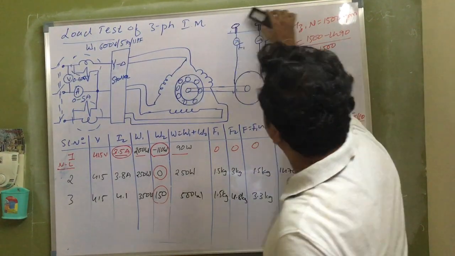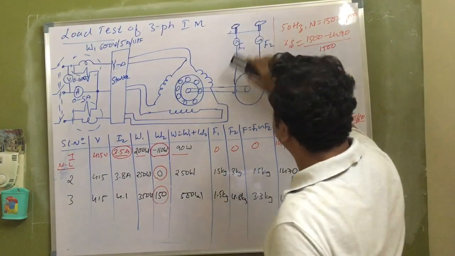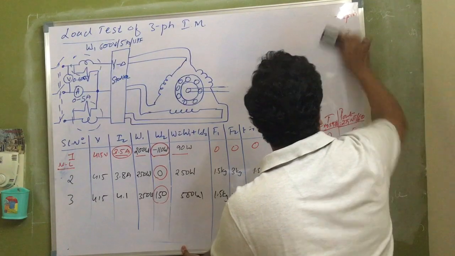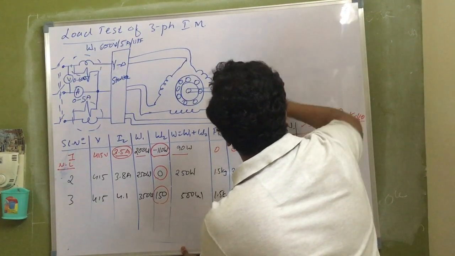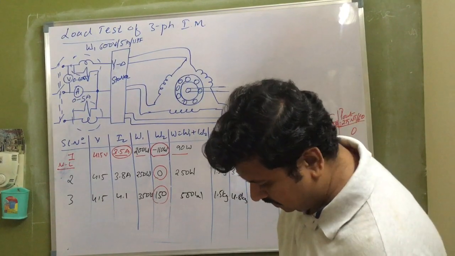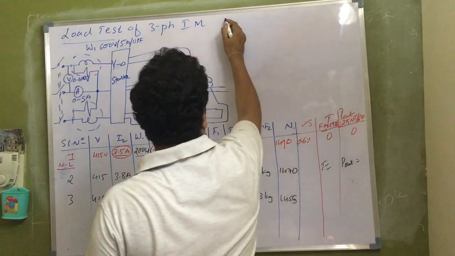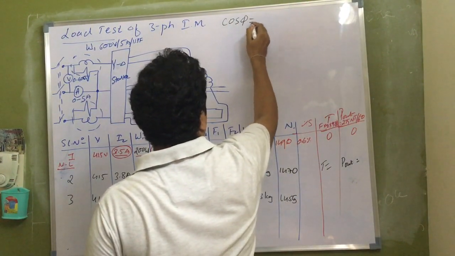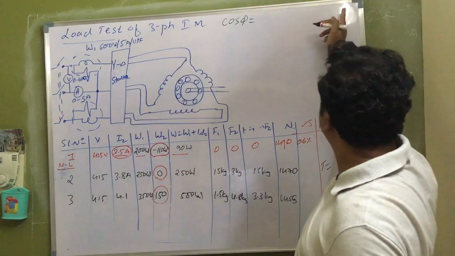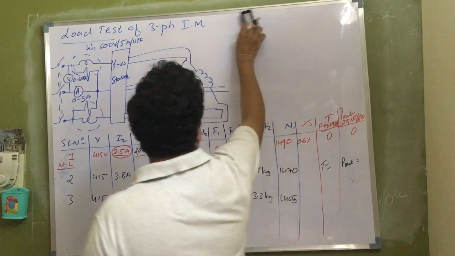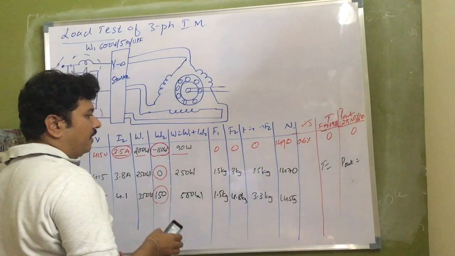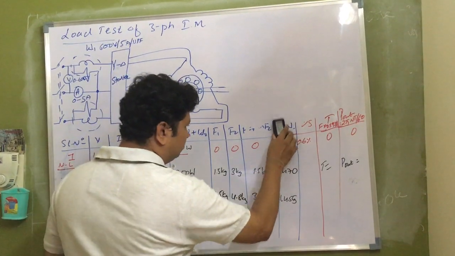I will rub this part of the circuit, now it is not necessary for me. In 2 wattmeter method, cos phi is equals to, I think at that corner there is some shine, you won't see that conveniently.